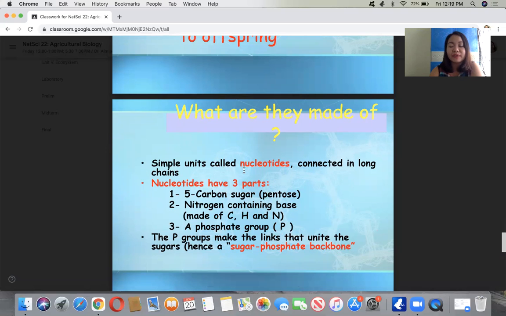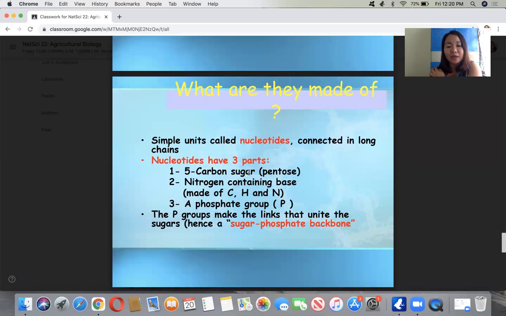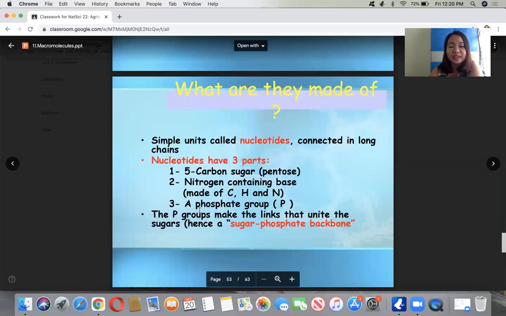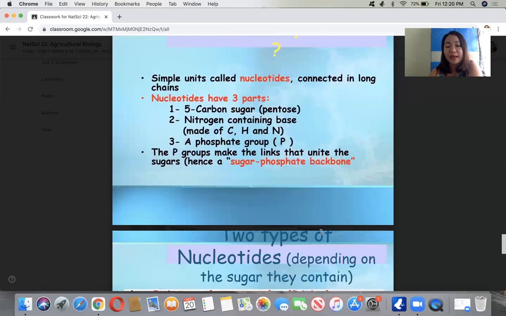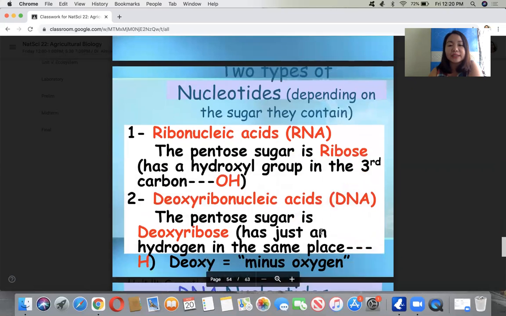They are made up of simple units called nucleotides connected in long chains, and each has 3 parts: the 5-carbon sugar or pentose, and the nitrogen-containing base made of carbon, hydrogen, and nitrogen. It has a phosphate group, whose P groups make the links that unite the sugars, hence the sugar-phosphate backbone. There are 2 types of nucleotides depending on the sugar they contain.